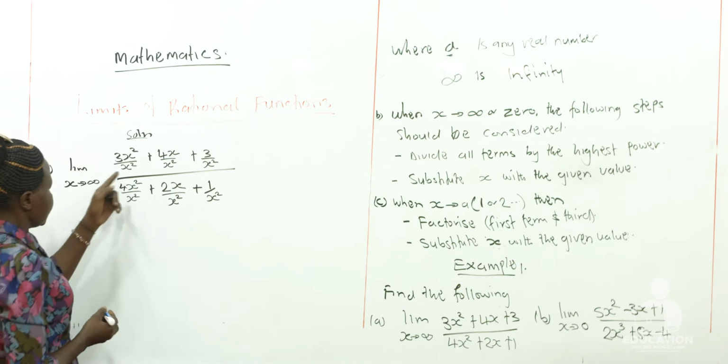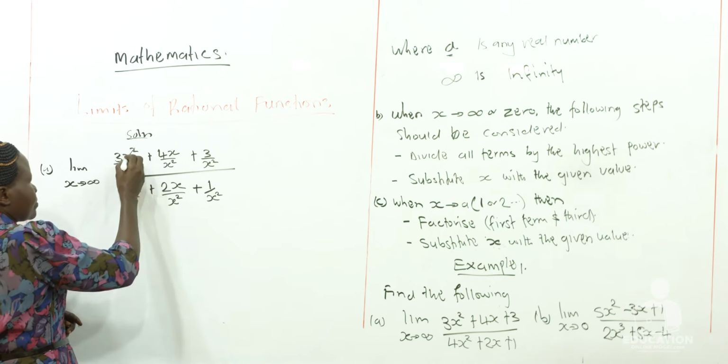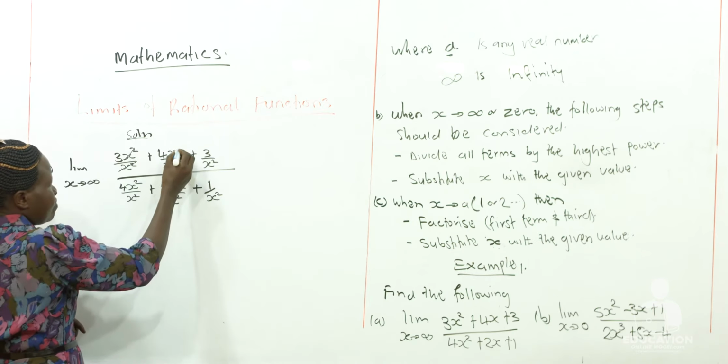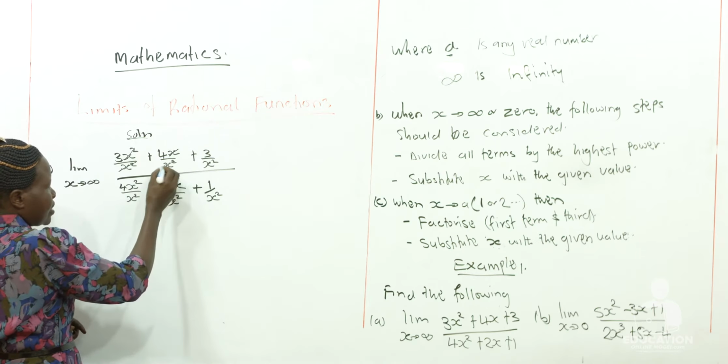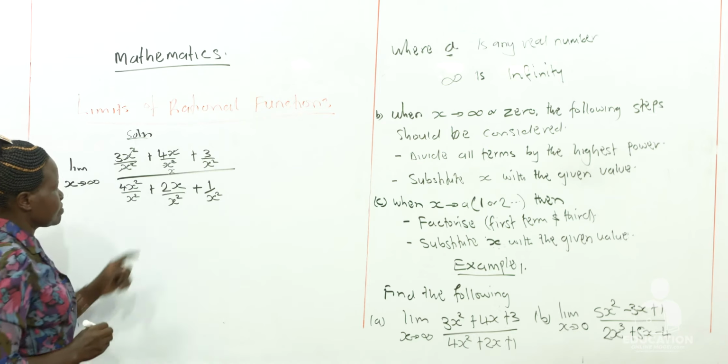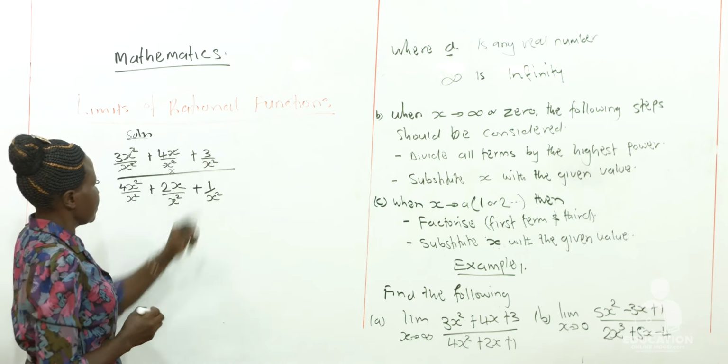So in this case you find that this x square will cancel with this, and here 1x cancels with 1x and we remain with only x, and here it cannot be cancelled.